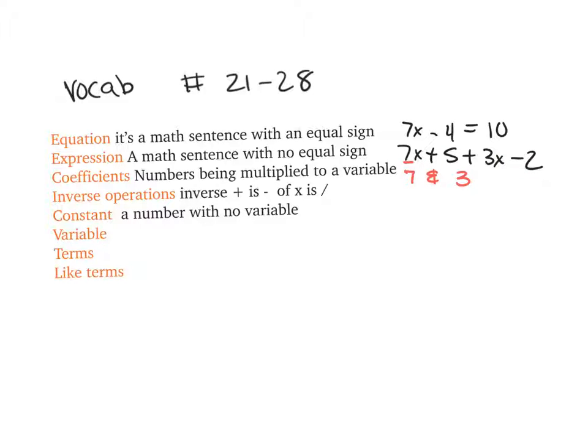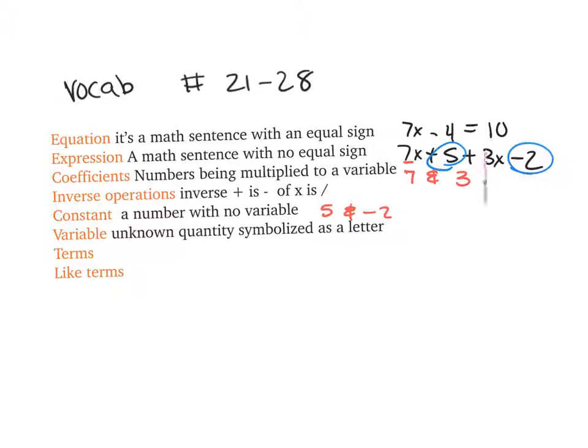So in this expression, the constants are 5 and -2. A variable is a letter that is symbolic of an unknown quantity. So it's an unknown quantity, symbolized as a letter. So up above, the x's would be the variables.